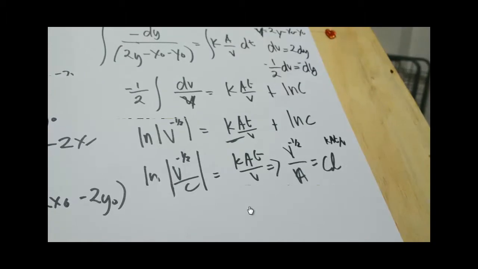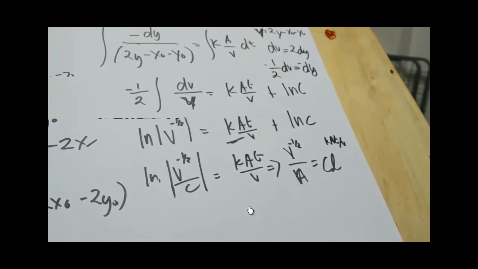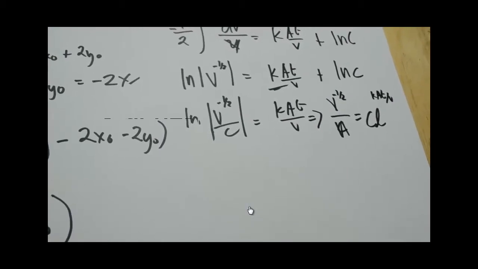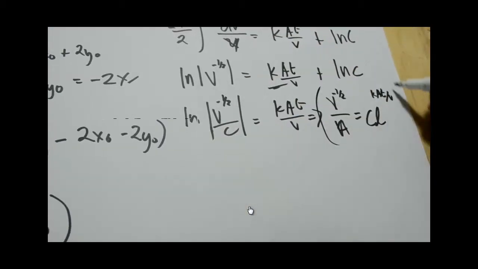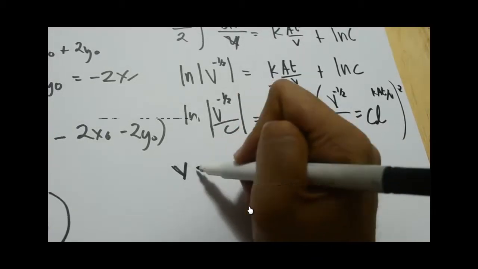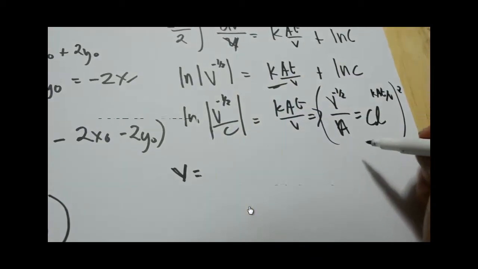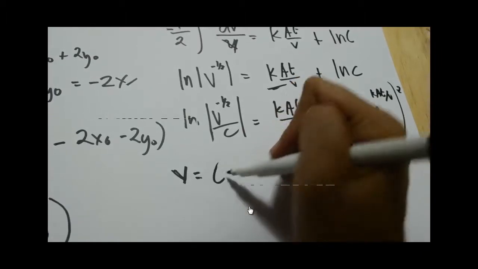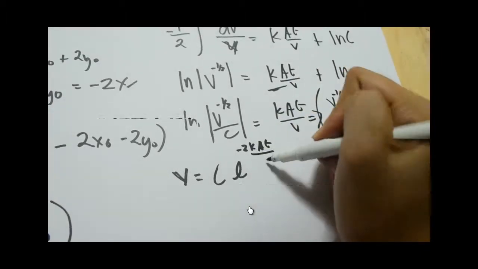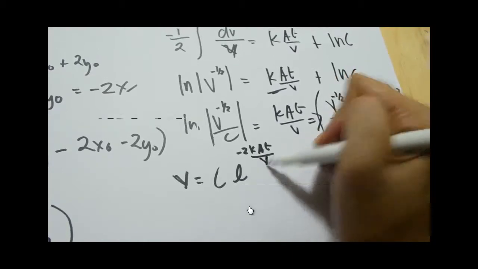So sorry for doing it fast and making the space count because we're out of paper. So multiplying it by negative 2, we'll have v is equal to c e to the negative 2 k a t over v.